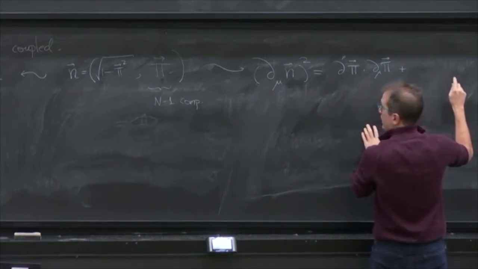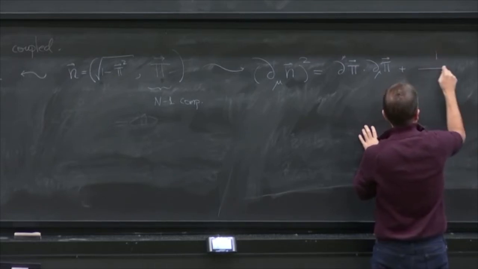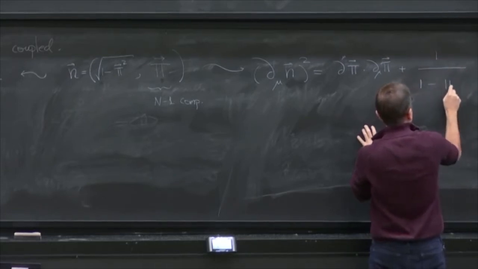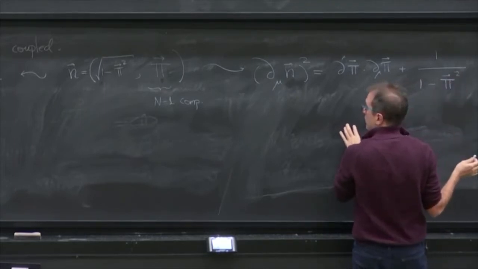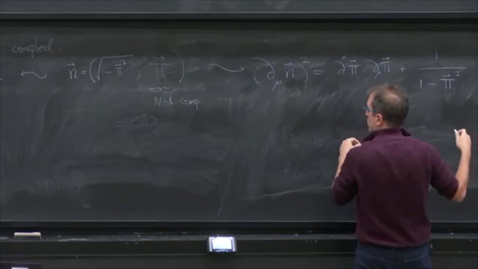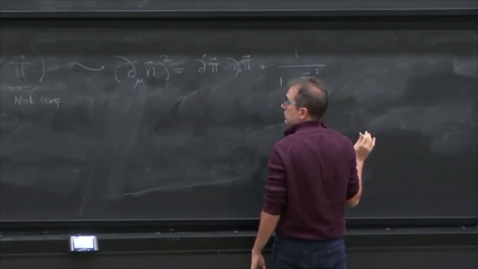And then the derivative of this term would give me plus, let me maybe write explicitly what it would be. It would be something like 1 over 1 minus pi square. From taking the derivative of a square root, you get 1 over square root. You do it twice, you get 1 over the argument of the square root.